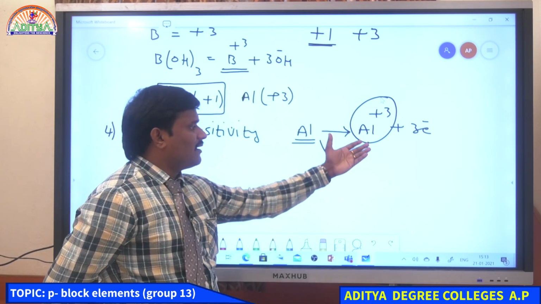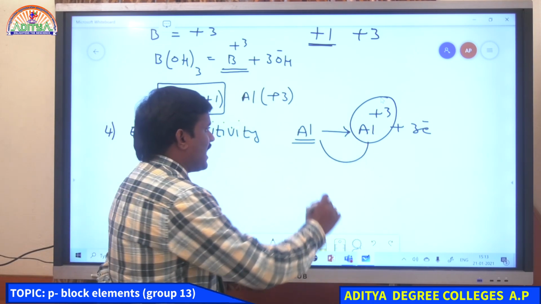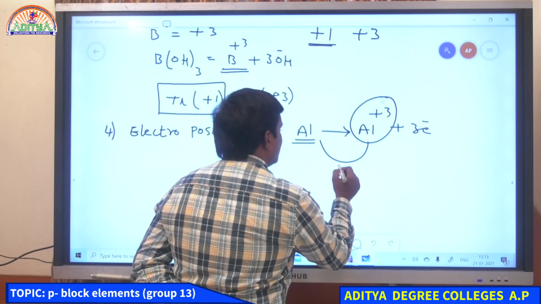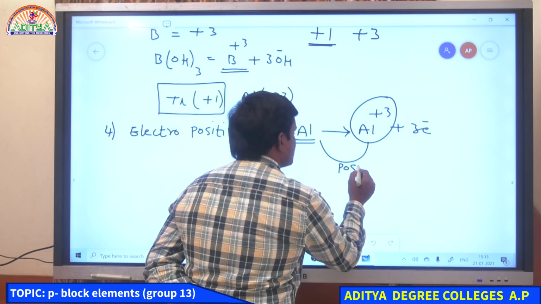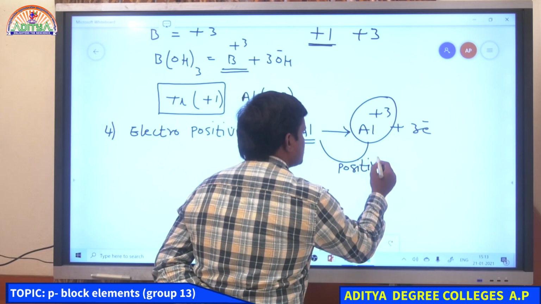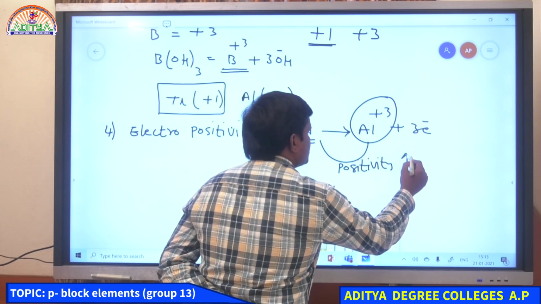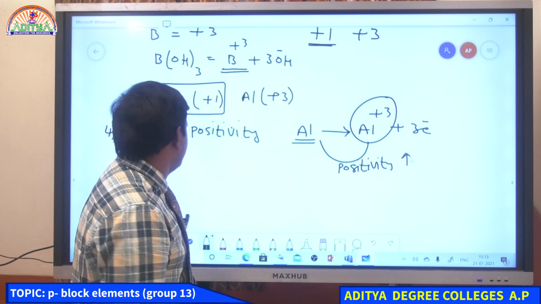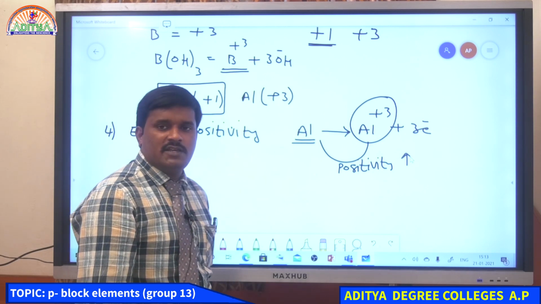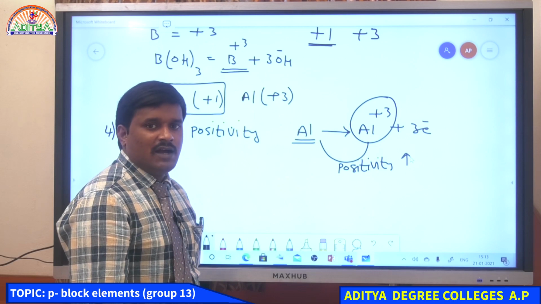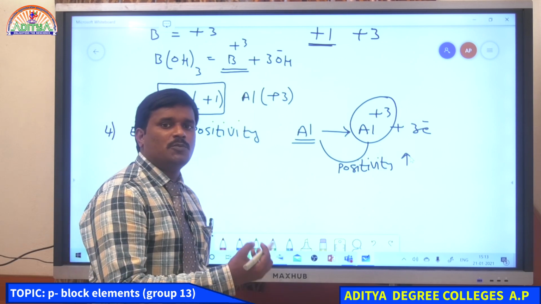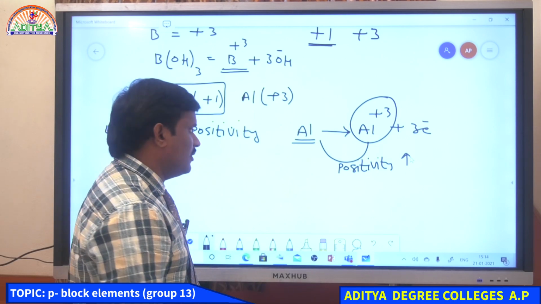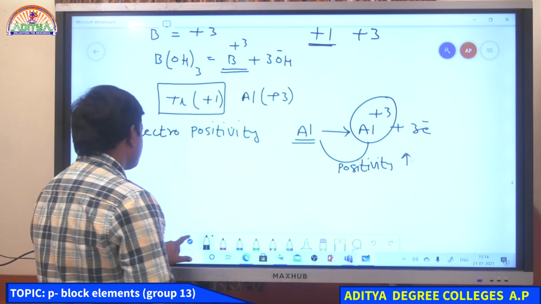That is why it lost 3 electrons. Therefore, as the metallic character increases, electropositivity also increases. Aluminum is the best metal, so electropositivity is high for aluminum, and it increases from top to bottom in a group of the periodic table.